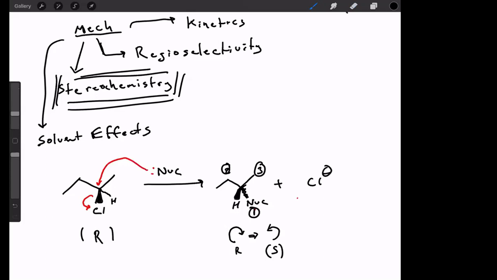It's definitely just going to be wrong. It's going to be another embarrassing bit on YouTube for myself, but that's going to be fine. Later I'll make a little note that that was incorrect. But at the end of the day, what happens to the stereochemistry? The stereochemistry is inverted.